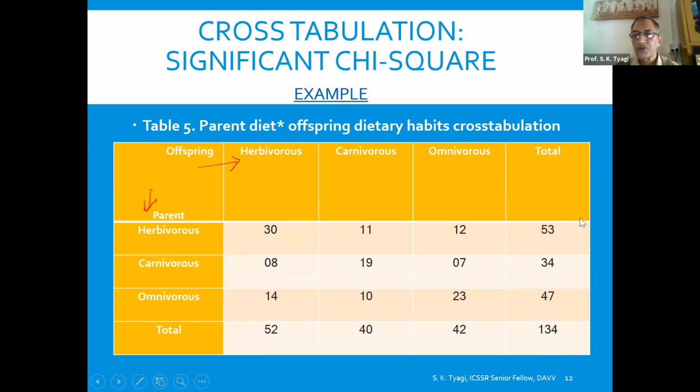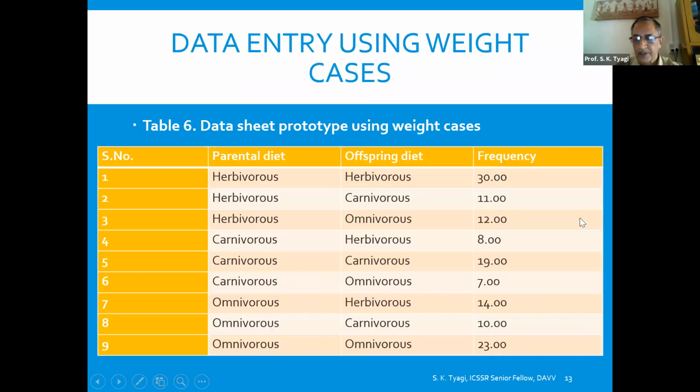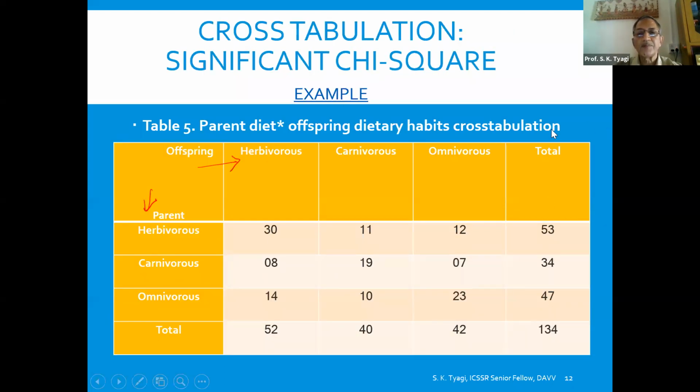Now, how to enter this data? I will be explaining a different and a more simple way we can enter the data. Yesterday we had 2x2 cross tabulation, but I did not introduce this deliberately because I wanted to do this today.